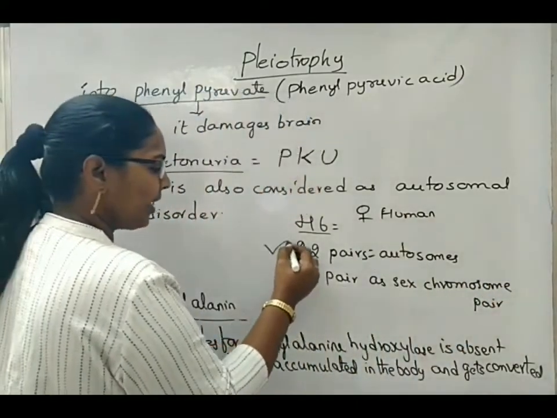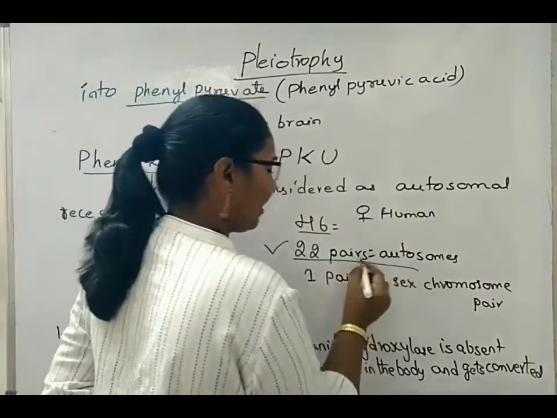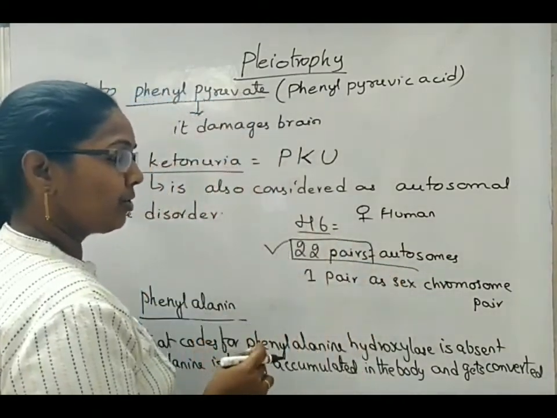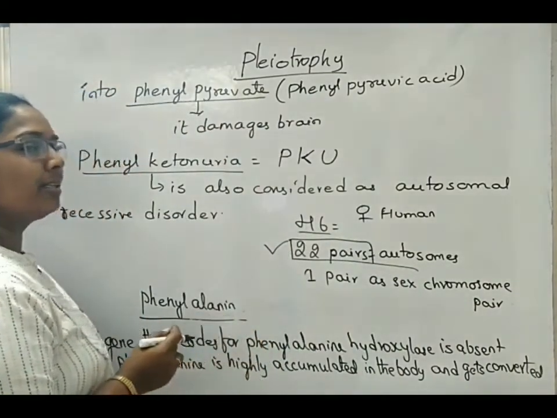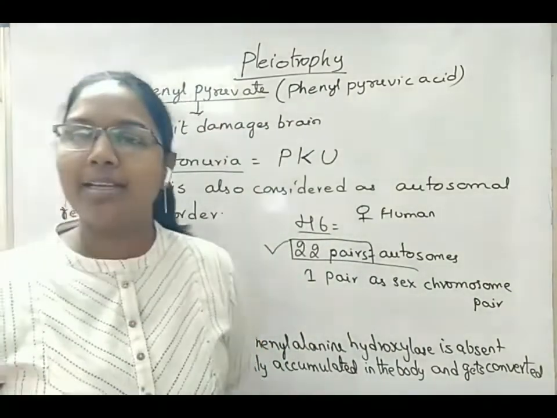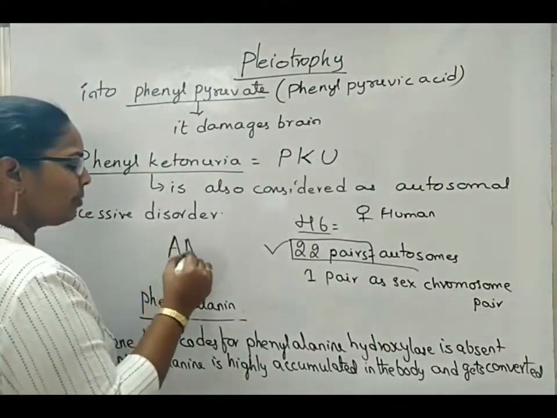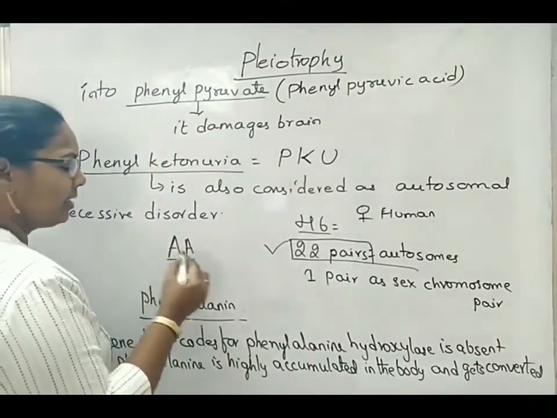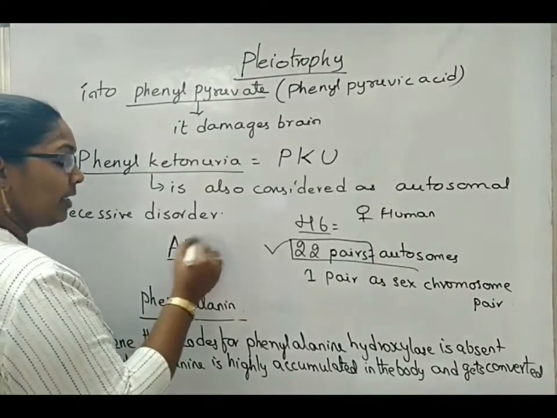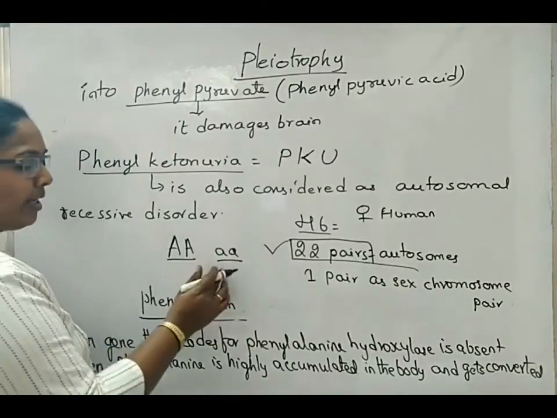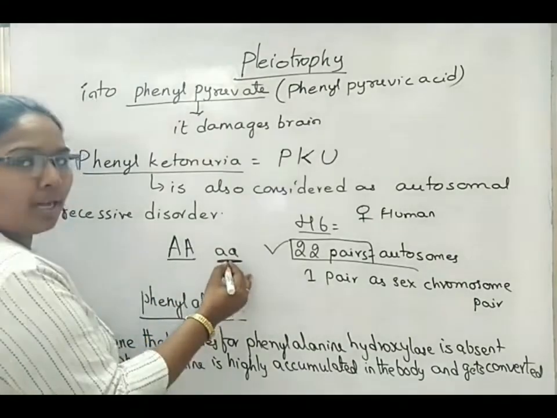Now, when there is a change in these 22 pairs of autosomes, we know that there are contrasting pairs of allelic forms of genes. Suppose a gene responsible for some character is the dominant one, it always has a contrasting allele, which we represent with small alphabets.